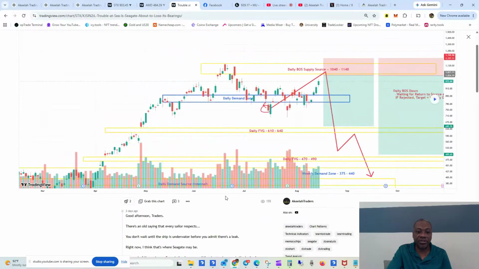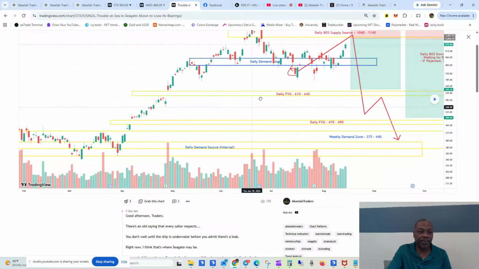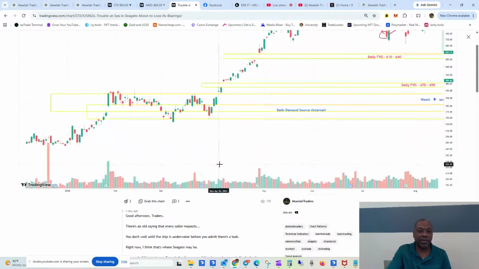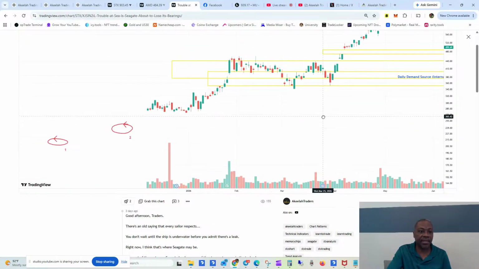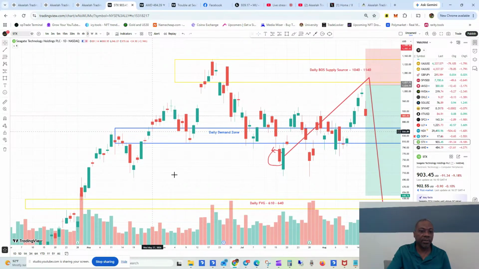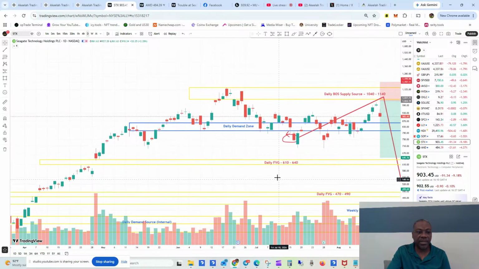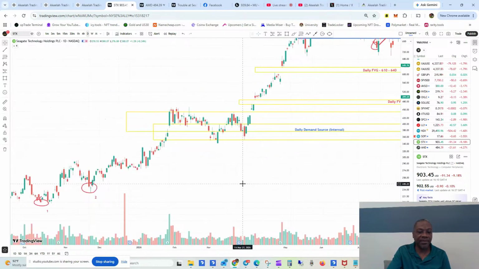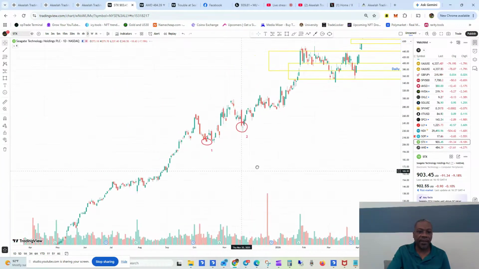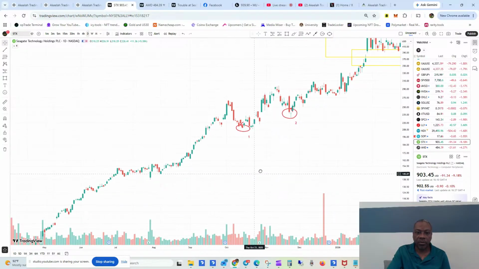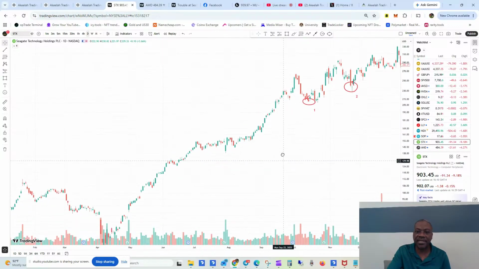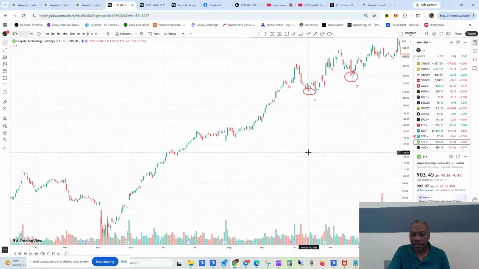And when I looked at this chart, let me see if I can pull this up a little bit. The problem with Seagate, I'm going to have to go to the live chart because that one cut off, is that in this big move up, the last time Seagate had a break of structure on the daily to say that this thing is going to slow down, that happened back in October. Well, October, and then the last one was November.